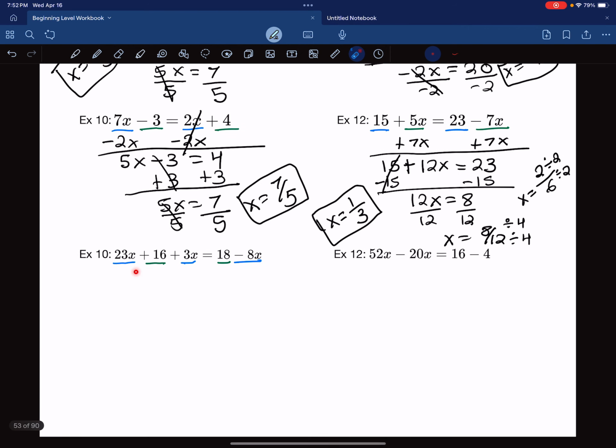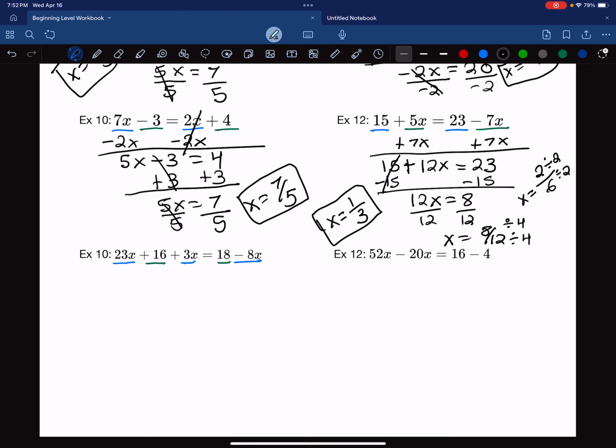But here we have like terms on both sides of the equation, and we also have more than one like term on one of these sides. So to simplify this one, we're going to combine like terms on one side of the equation until we can't anymore, and we're going to also do that for the other side.